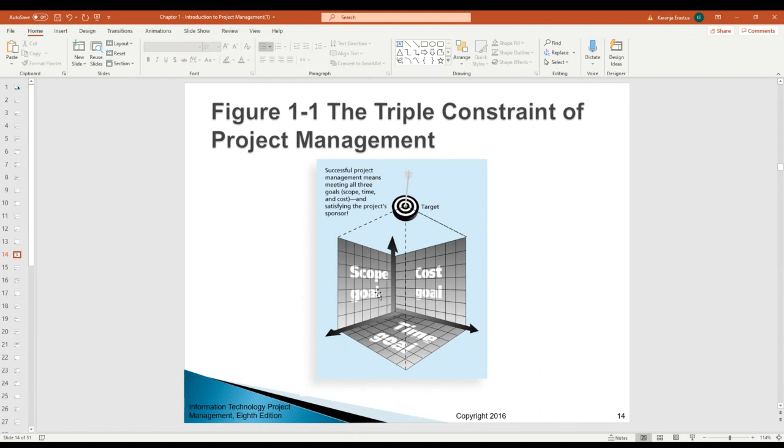So the scope is like the plan, and you as a project manager are trying to make sure that you stay within that. So you're constrained within those three, you're boxed in. And most of the time, when you hear that a project is not successful, it is because it went outside of this. Either the cost became too much, or the time extended, or the scope.